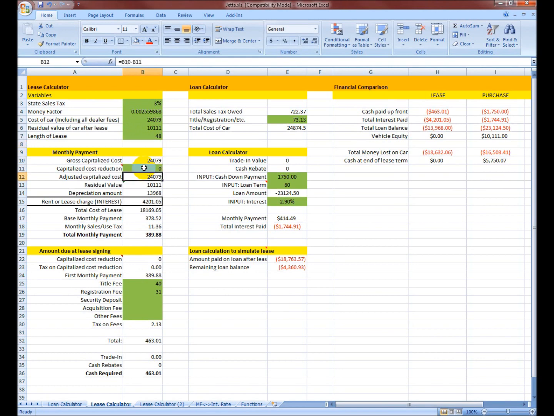And now you can see our lease charge is lower, and our monthly payment is lower. So it's a balancing act between residual value, the capitalized cost of the car, and the lease factor. I thought it was interesting to do this exercise and see how the different numbers work out.